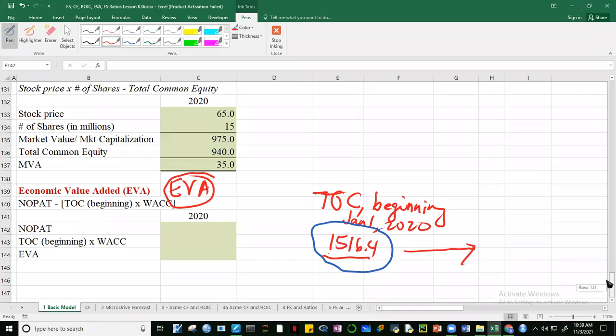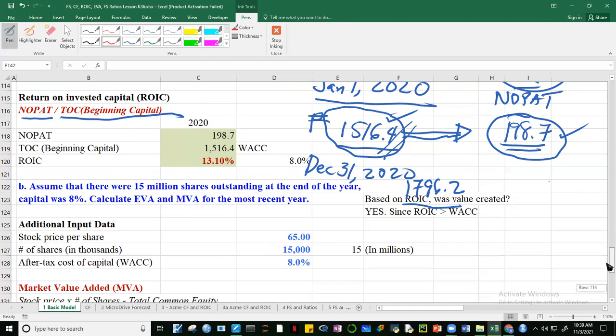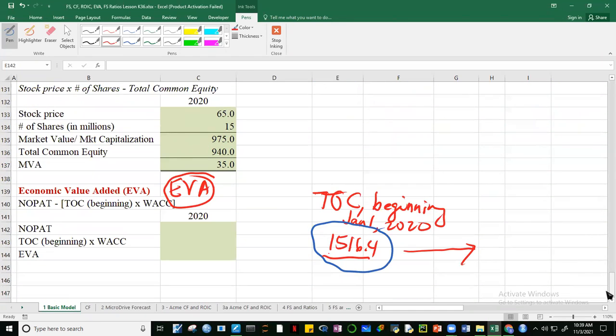We generated a NOPAT of 198.7. Now question, was this good or bad? Now we will answer that via the EVA.